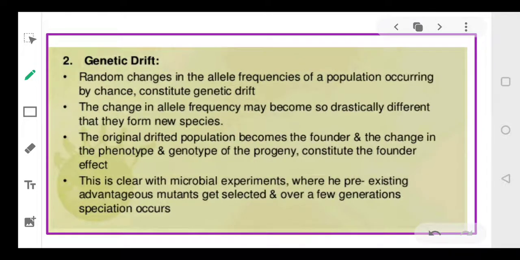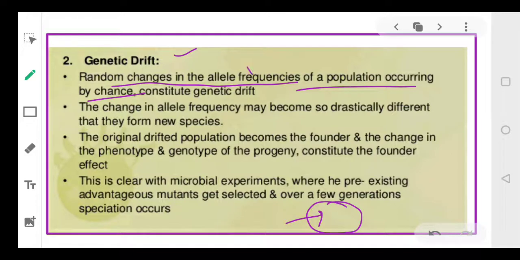Second is genetic drift, right? Let's see what is genetic drift. The random changes in the gene allelic frequencies of a population that occur by chance. Okay, suddenly something happens in the population. Suppose this is your population and something happens in this population, maybe some climate change or something else, and the population tries to adapt itself to the changing environment.